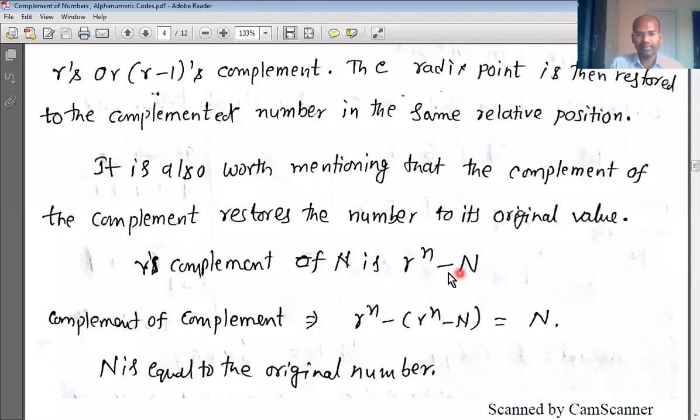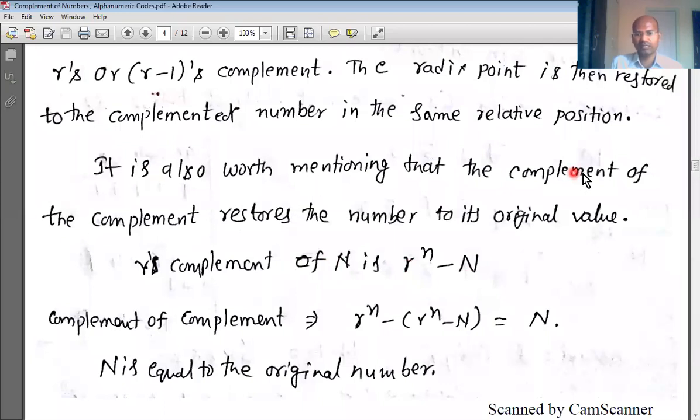So N is to be subtracted from r power n. r may be 10 if it is a base 10 system, r may be 2 if it is a binary system, or maybe 16 if it is a hexadecimal system, or maybe 8 if it is an octal system. And this is the r's complement. Let's say it is the tens complement in a base 10 system. After finding the tens complement, if you apply the tens complement again to the resultant answer, you will get back the original number. That's what it is.